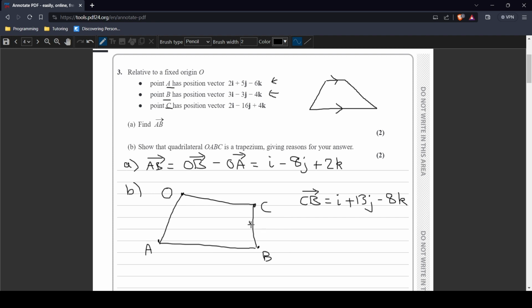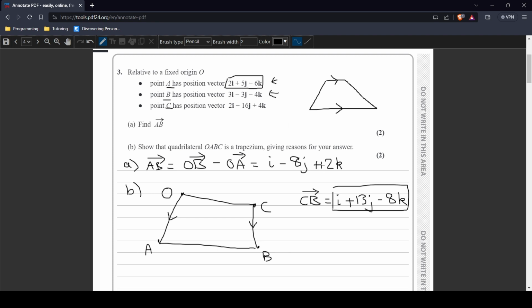So CB is this vector here. Okay, and now CB is opposite OA, but clearly CB here is not a multiple of OA, which is this.